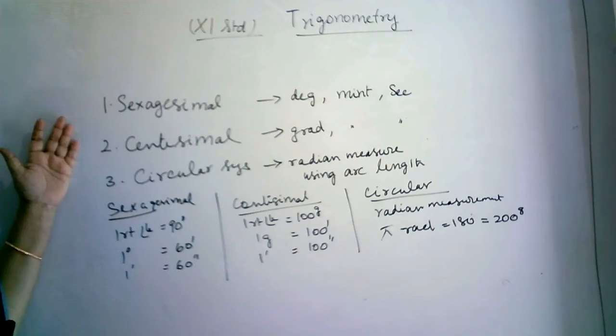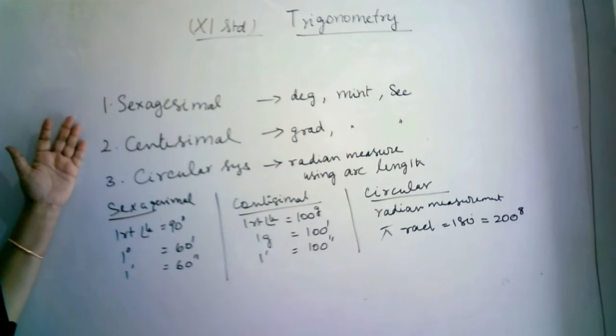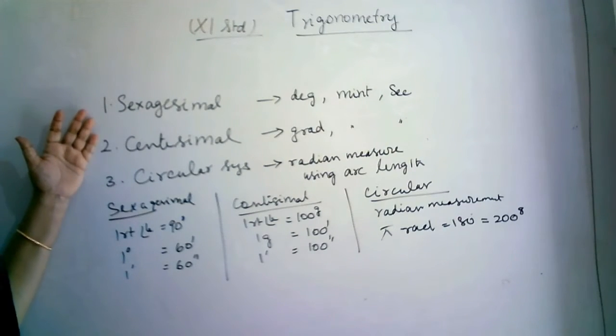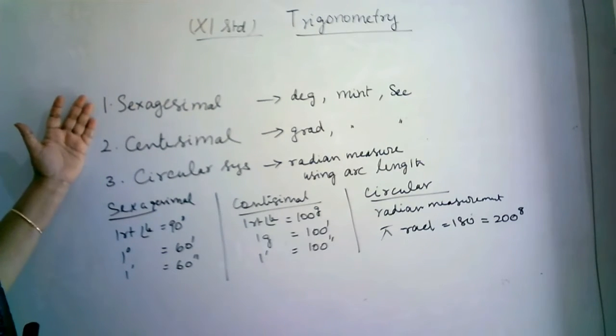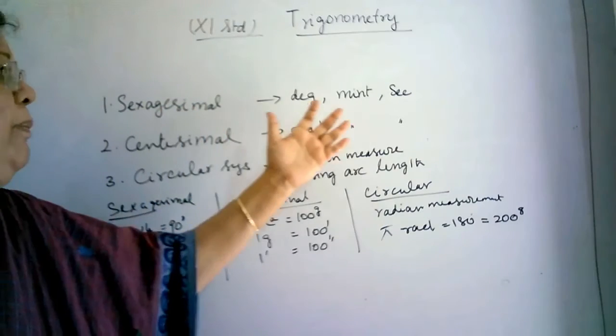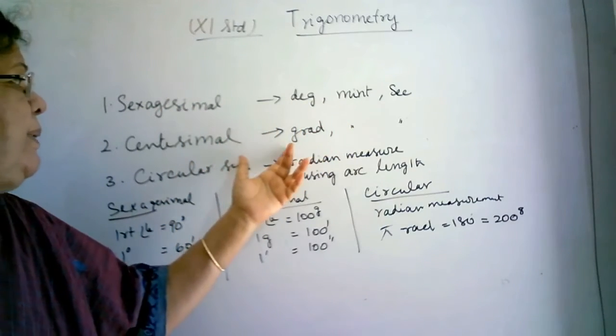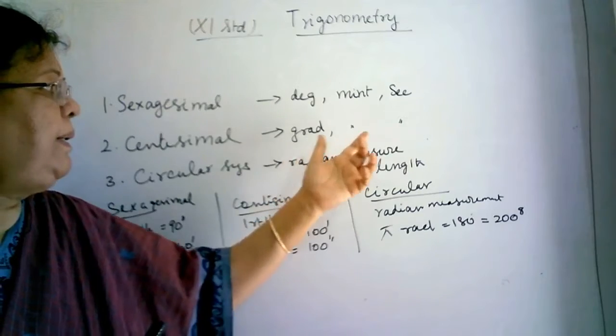For the measurement, we are using three measurement systems: sexagesimal, centesimal, and circular system. In sexagesimal we use degrees, minutes, seconds. In centesimal you use grades, minutes, and seconds.